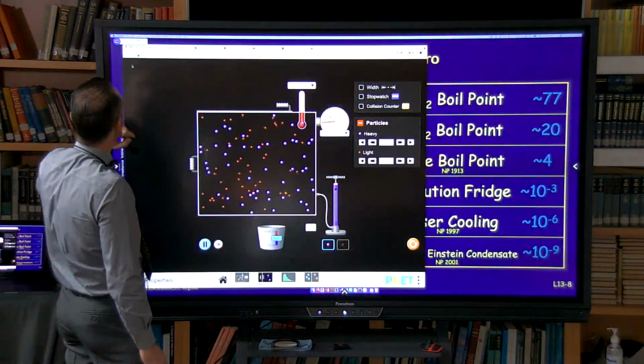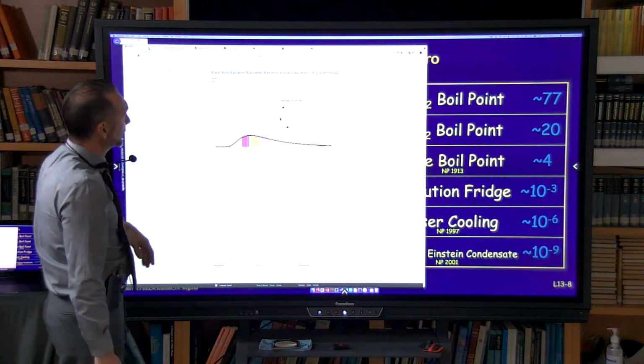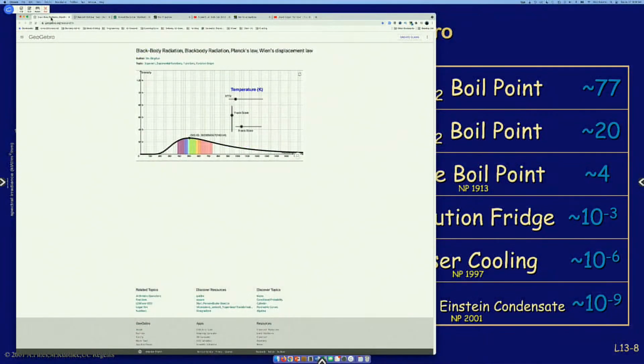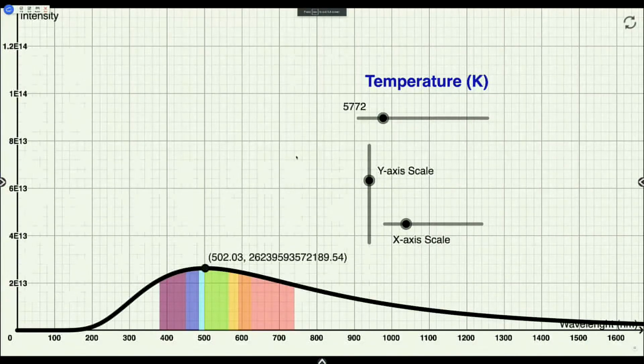So here is a nice plot, and we'll go to the screen. We have good resolution. So here I can adjust the temperature, and I can look. So what I'm looking at here is the distribution of intensities along various wavelengths. And those vary with the temperature.